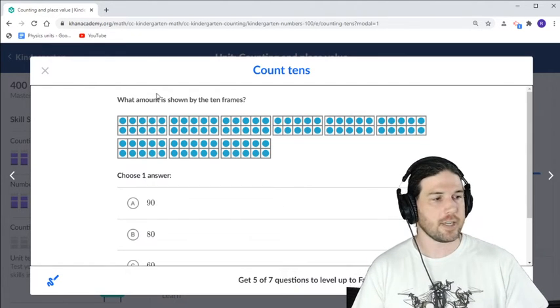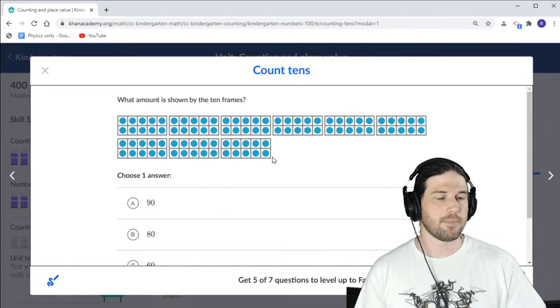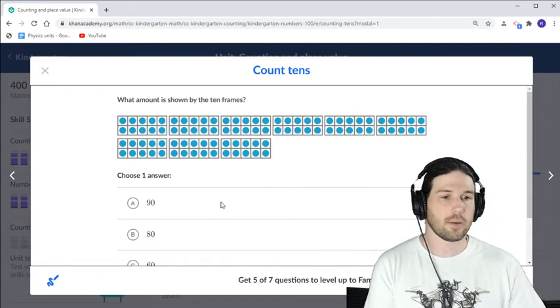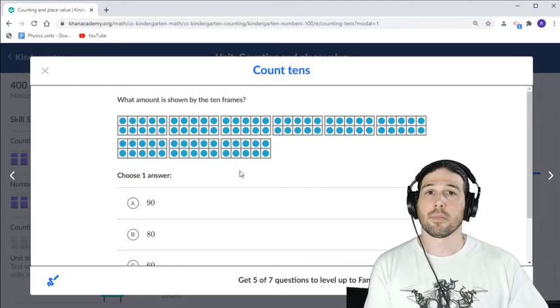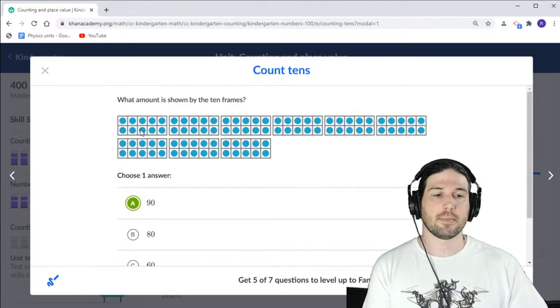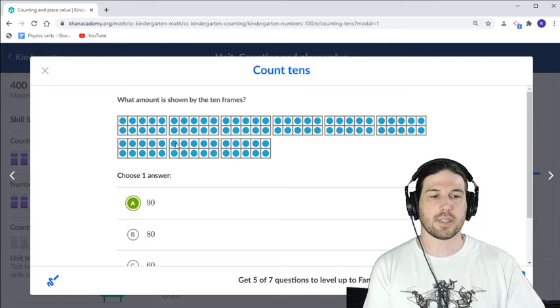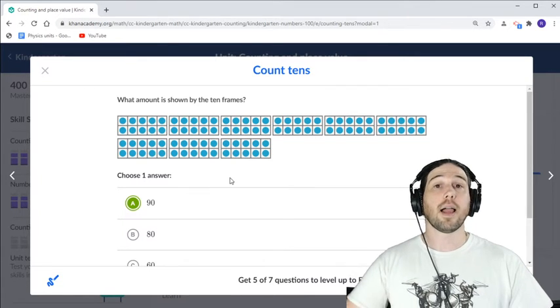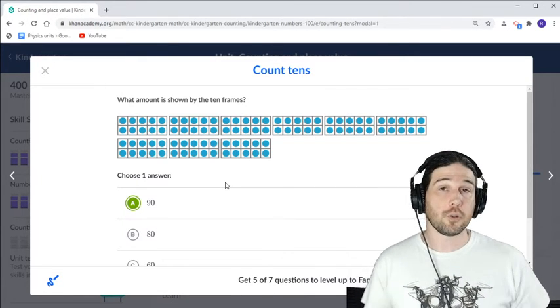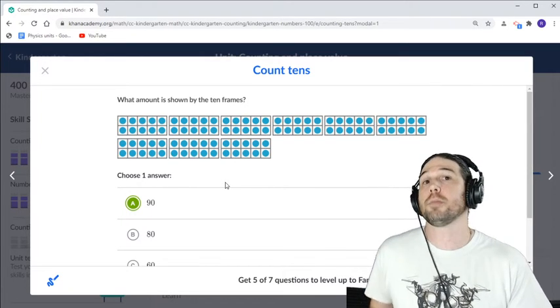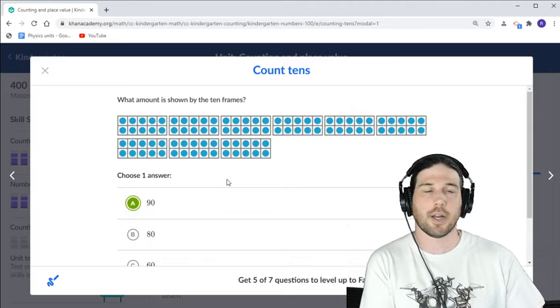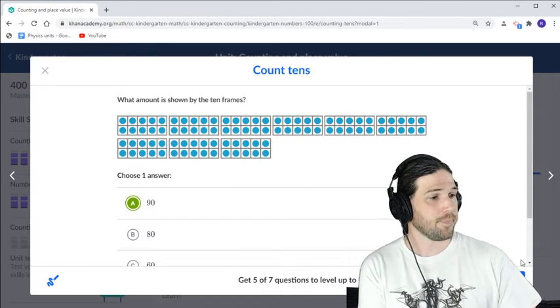So what I have here is boxes, each of which contains 10 frames or circles or whatever they are. And since there is 1, 2, 3, 4, 5, 6, 7, 8, 9 of them, the total is 90. 10, 20, 30, 40, 50, 60, 70, 80, 90. Either way is fine. If students are already beginning to understand multiplication at this stage, they should be encouraged in that and not held back.